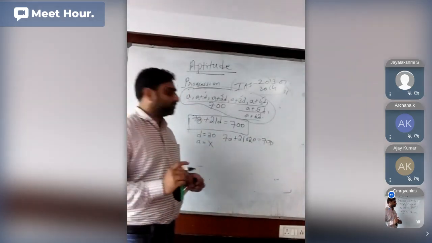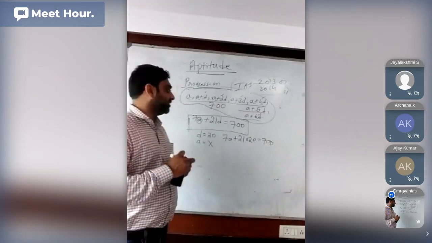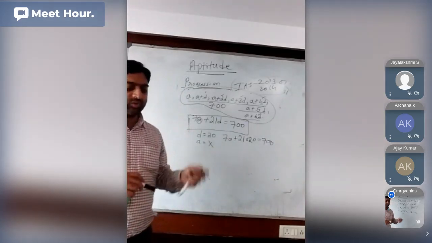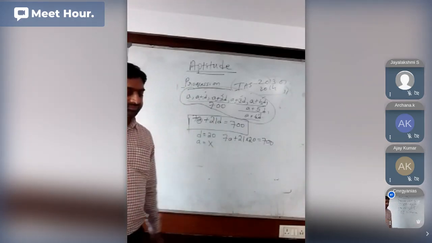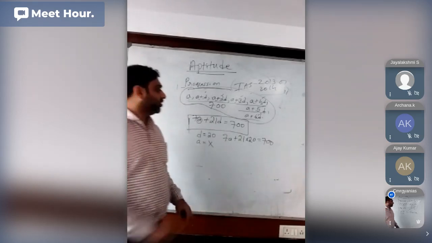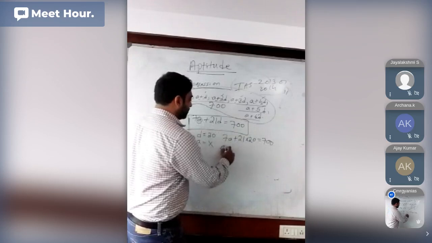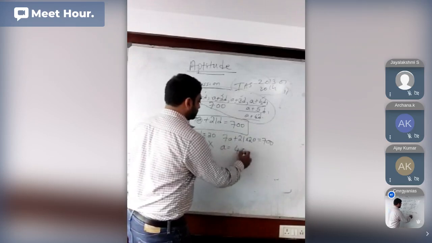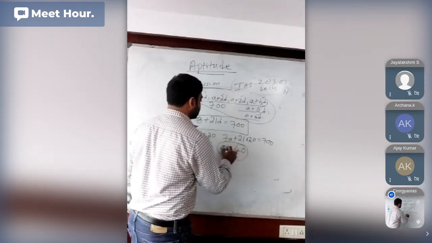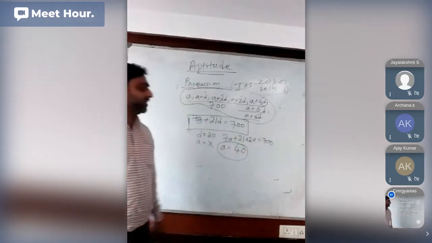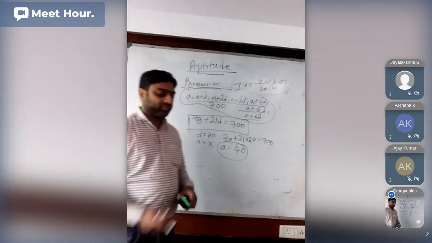Please solve this now. You take all these that side. So now you have to get A is equal to 40. This will be the answer if you solve this.